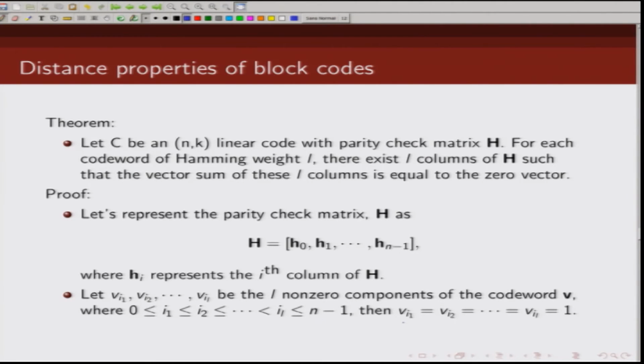And since these are the non-zero components of the code word, at these locations V will be 1, and at other locations where there are 0 components, the values of V at those locations will be 0.